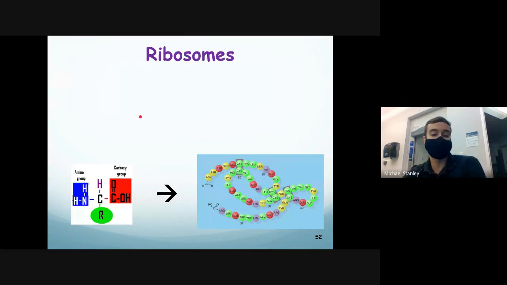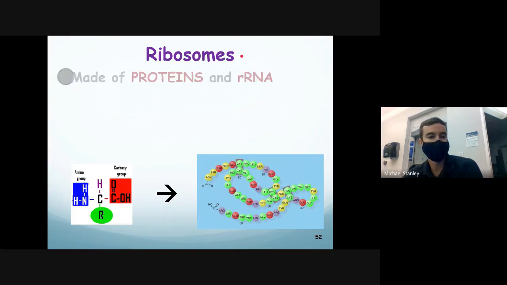All right, up next are some things that we've talked a little bit about already, and those are the ribosomes. So the ribosomes are structures inside of the cell. They're made of protein and a special type of nucleic acid called rRNA. The little r stands for ribosome.